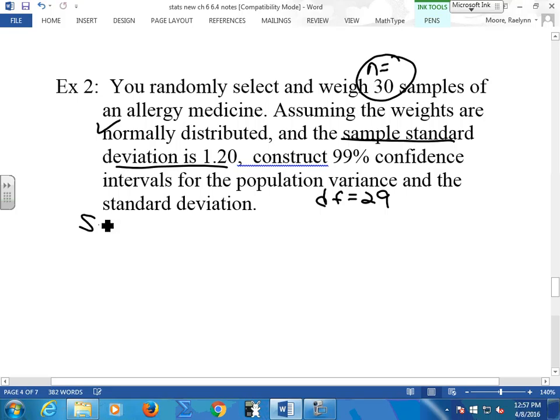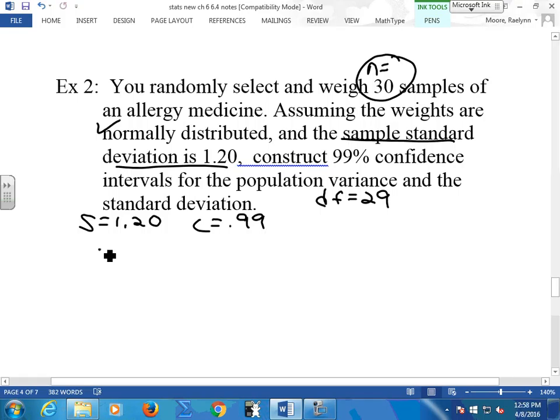S. You want to construct a 99% confidence interval for the population variance and the population standard deviation. You want an interval so that you can be 99% confident that based on this sample information, your population standard deviation and variance will fall between those two numbers. Again, that's not changing.